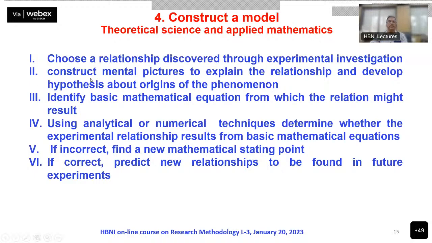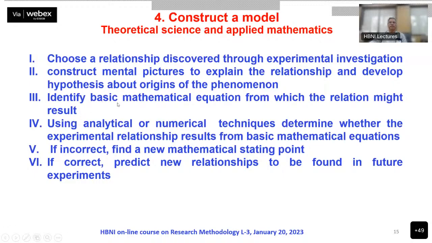Construct mental pictures to explain the relationship and develop hypotheses about the origins of certain phenomena. So in your own area, if you collect the literature, you can study that and try to arrive at some correlations. Then you can make a model.